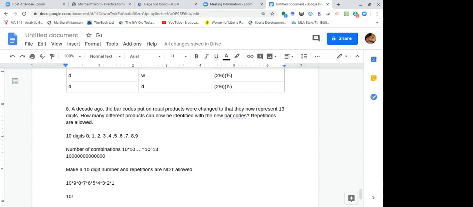So if he said something like, you have the digits 0 to 9 and the letters A, B, C, then you could. But you would have to have a sufficient number of unique characters to do that. With our number system the way it is, with the digits 0 through 9, we can't make a unique 13-digit number with no repeating digits because we only have 10 unique digits. Does that make sense? I think so.